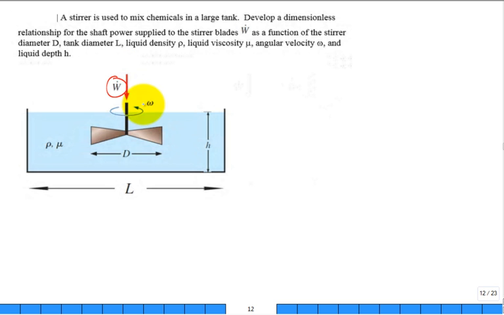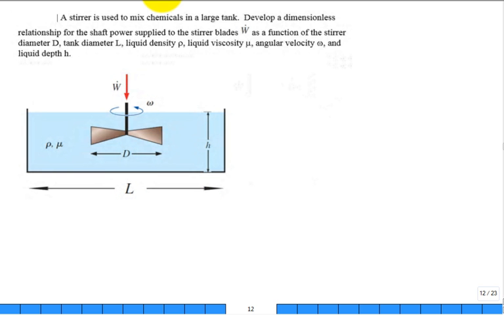So we're interested in this stirrer diameter, the tank diameter, the liquid density, the liquid viscosity, the angular velocity or speed of the stirrer, and the depth of the fluid. So those are all my parameters.